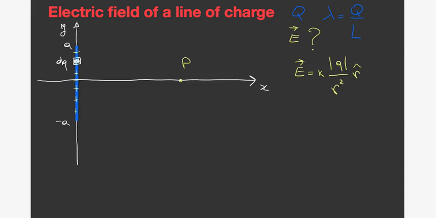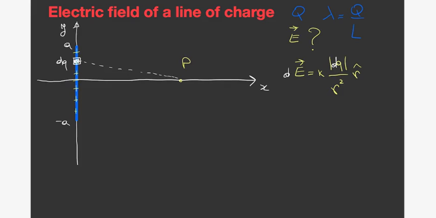I cannot use the charge Q, but I can use an infinitesimal amount dq. And therefore, my equation, if it has as a source an infinitesimal amount dq, will give me an infinitesimal electric field vector dE.